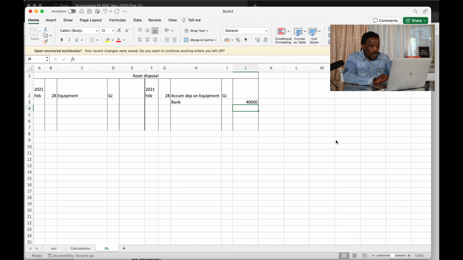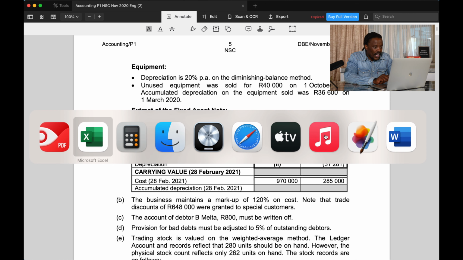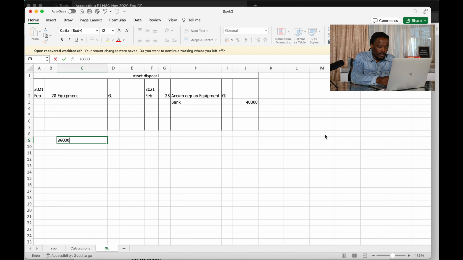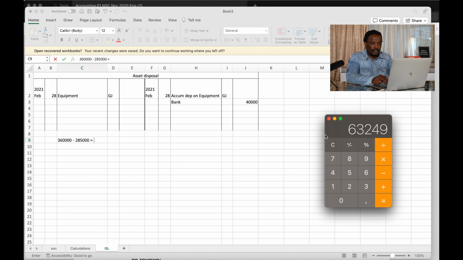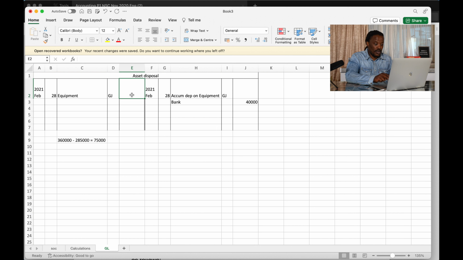So to get this figure, it is 360,000 minus 285,000, which equals 75,000. So the cost price of the vehicle that was disposed of was 75,000. And that's how you calculate it.